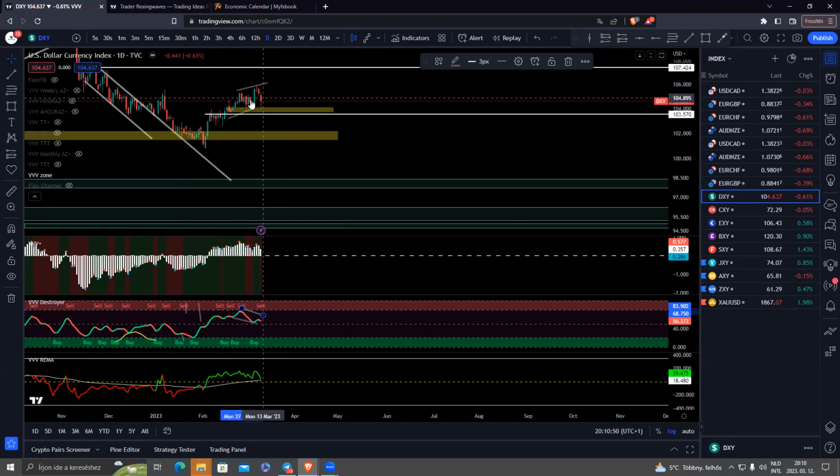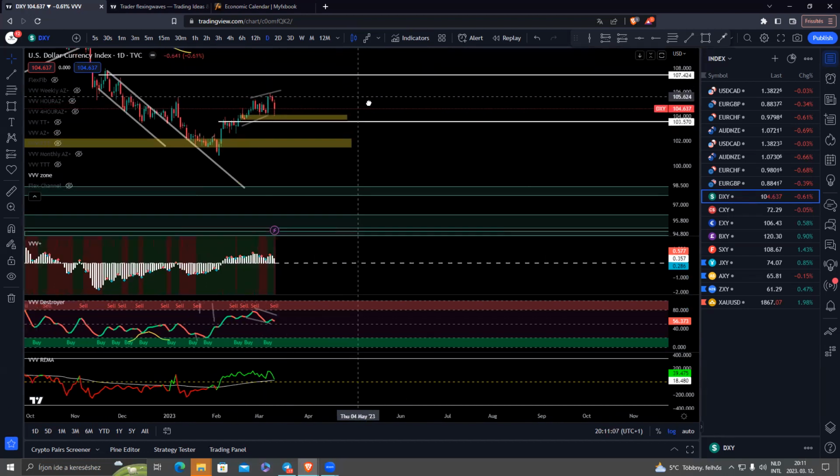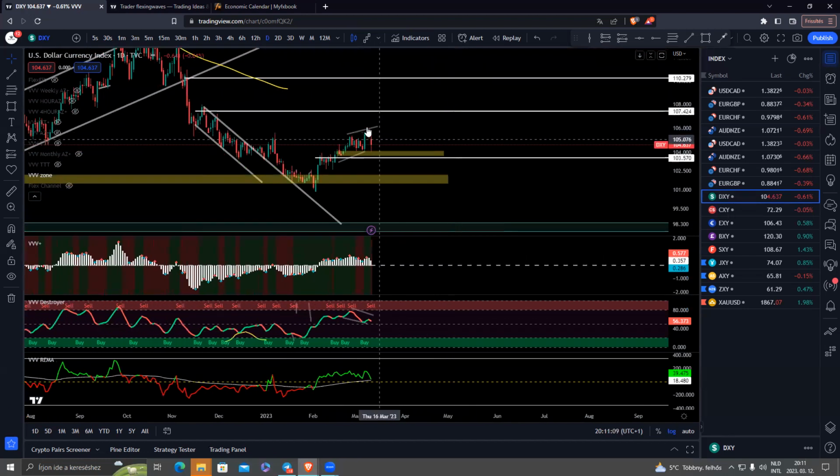Maybe we will see a not strong market next week, but we're going to check the news later on, and those levels are what I want to see here.